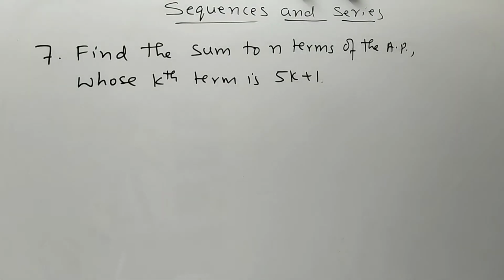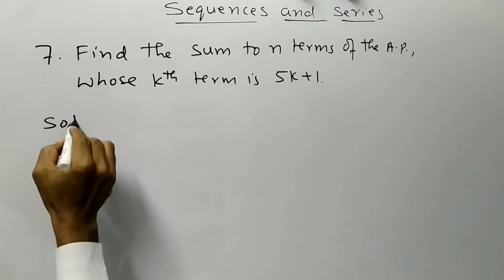Question number 7. Find the sum to n terms of the AP whose kth term is 5k plus 1. Solution.